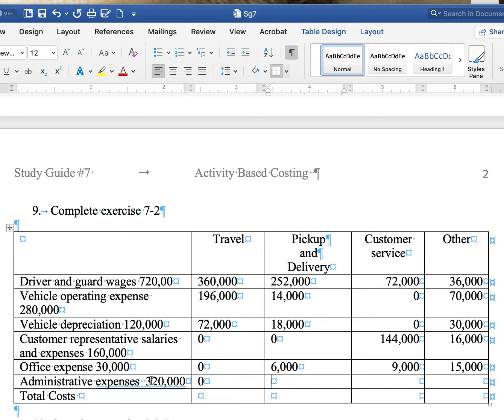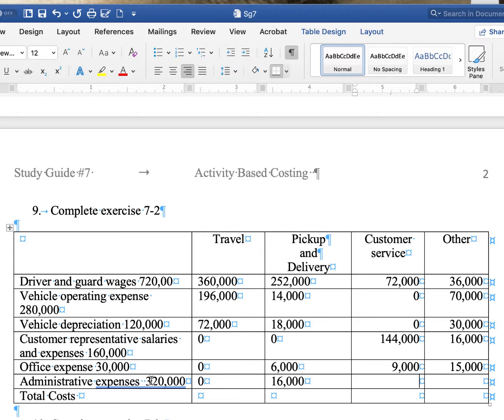We take 5% times $320,000, and that gives us 16,000 bucks. Then we say, okay, administrative expenses. You have 320,000. How much of your department's time is spent working on customer service, right? There's all these activities that deal with customer service.